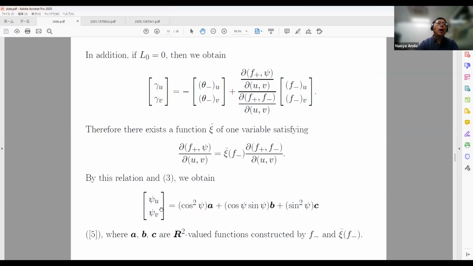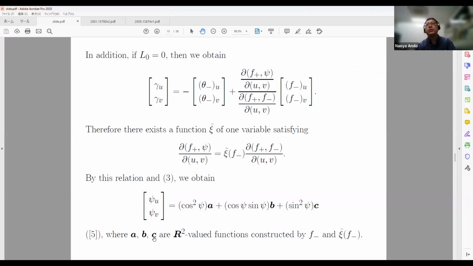This is an overdetermined system with respect to the function psi, and A, B, C are R2 valued functions constructed by F minus and xi tilde of F minus.